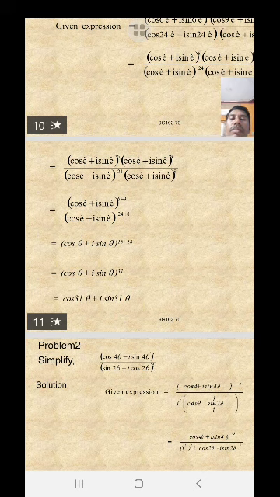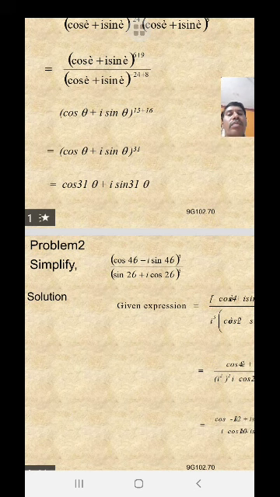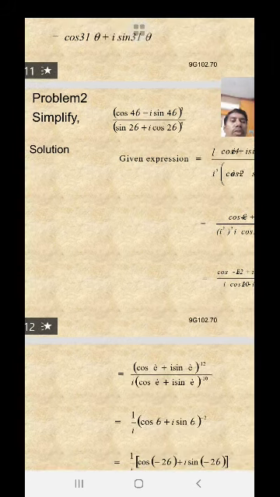Minus of minus is plus, so 15 plus 16, that is not 13, 6 plus 9 is 15, so 15 plus 16 equals (cos θ + i sin θ)^31. That equals cos 31θ + i sin 31θ. So we simplified from 4 factors to 1 factor, from a big term to a short term. Okay. Second problem, or second question.